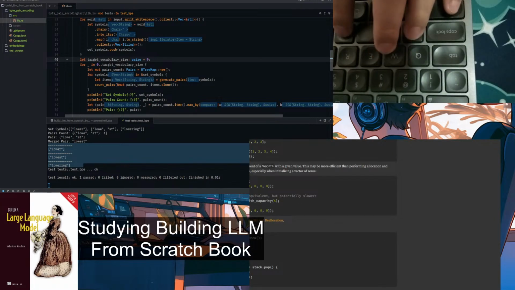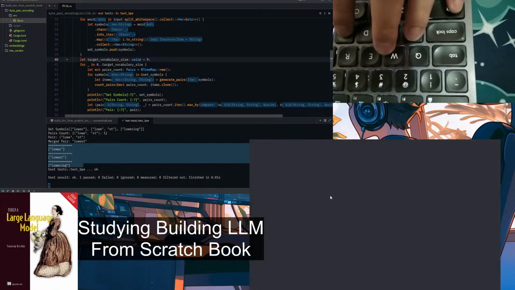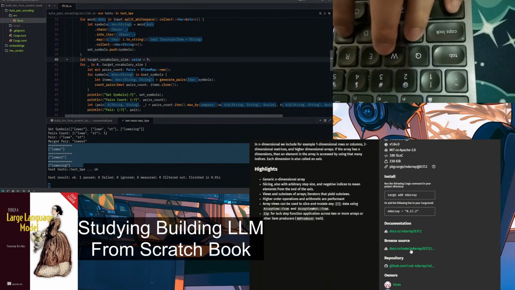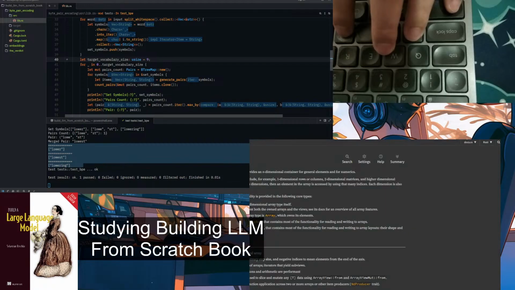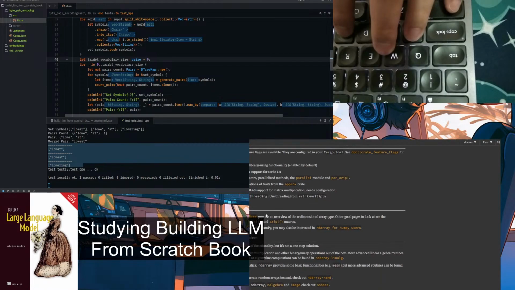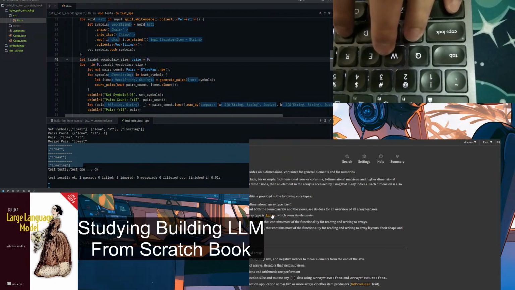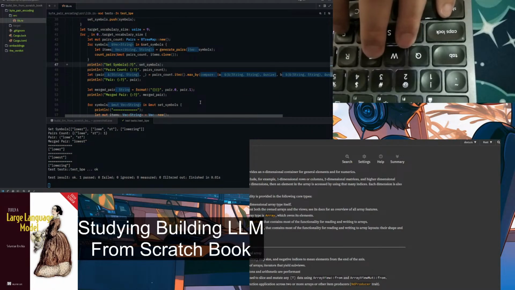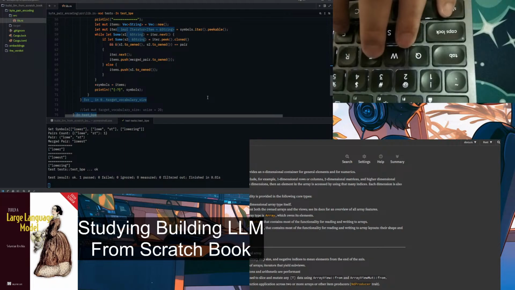Or if I need to use a library, let's say ndarray, I will just go to crates.io and then search for that library and go to the documentation and then read it. And if I can't understand it, I will go to the chat, to LLM or ChatGPT. So you need to be resourceful.